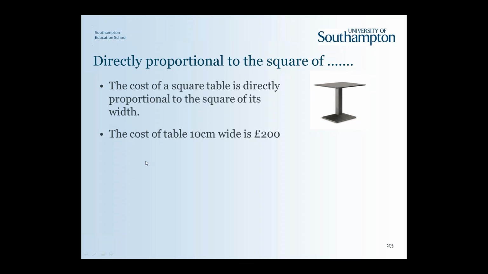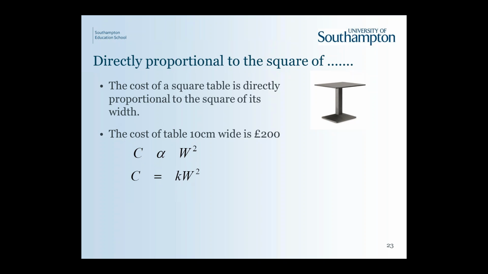So if I call the cost of the square table C and its width W, what we're saying is the cost is directly proportional to the width squared. And thus, based on what we did before, we can write this as an equation: C equals some constant of proportionality k multiplied by the width squared.